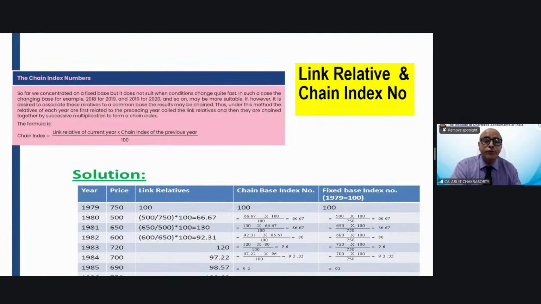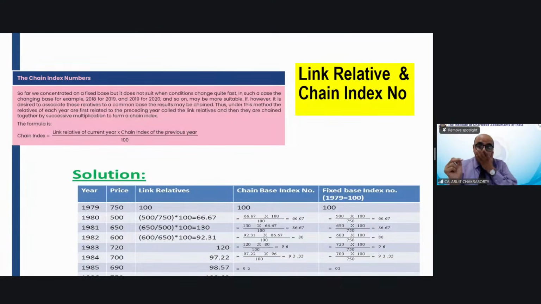When you convert this to a scale of 100, it's just like ratio and proportion. So what we get on a scale of 100, now 1980's price obviously becomes what you see here, 500 by 750 into 100. So you are getting around 66.67, roughly 2/3. अगर हम लोग fraction की बात करें, 2/3 approx.